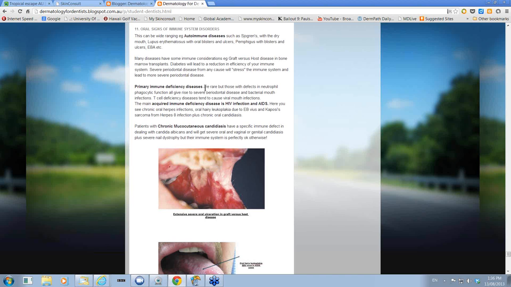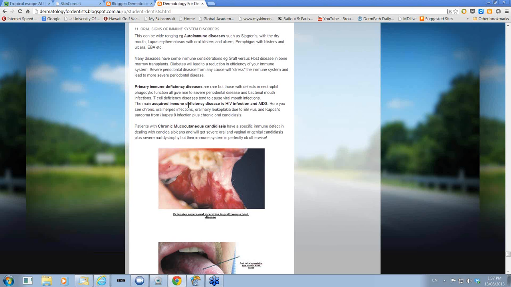There's a whole spectrum of primary immune system diseases. Now, anything that's going to cause a defect in the phagocytic and destructive function of neutrophils is going to give rise to infections. And certainly, not only will you get abscesses in the skin, you may well get severe periodontal disease and bacterial mouth infections as well. As I say, these are rare disorders.